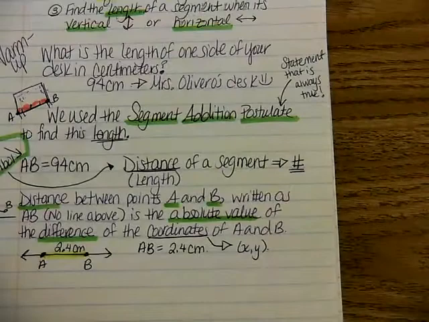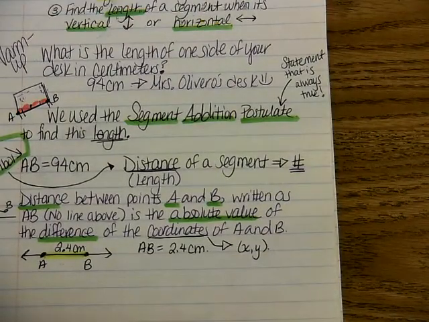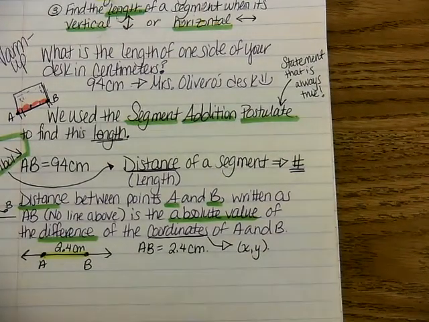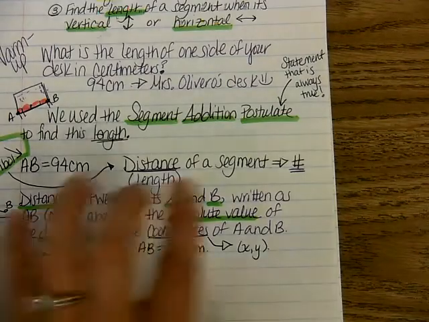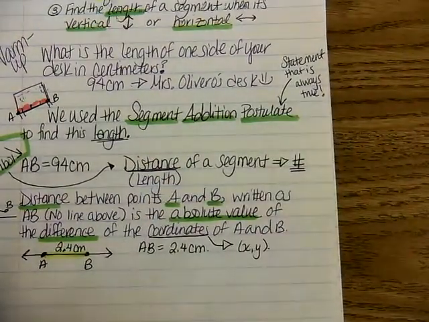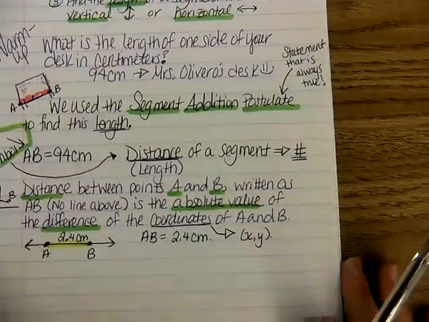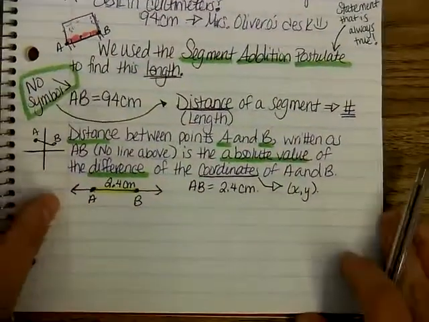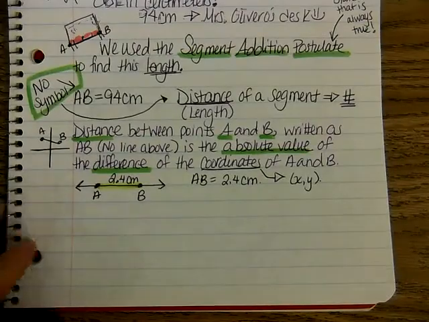We're going to have a lot of language like theorems and postulates and definitions that we're going to be working with, and that is simply what a postulate means. It is a statement that is always true. It is agreed upon in the mathematical world that it must be a true statement.